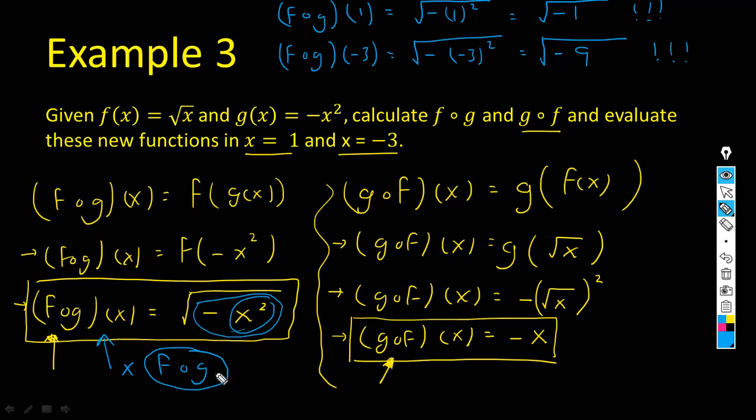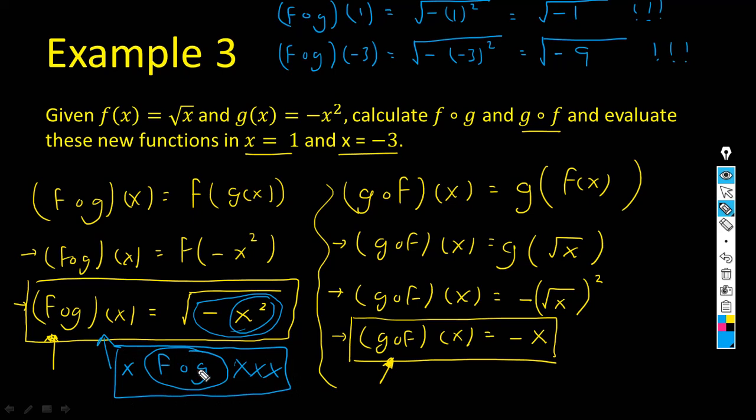So what do I want this function for? It doesn't even exist. Okay, so that's very important for you to notice. You have to check your final functions in the end, whether they make sense or not. So f of g cannot be evaluated in any number, and therefore it doesn't even exist. It's of no use at all.